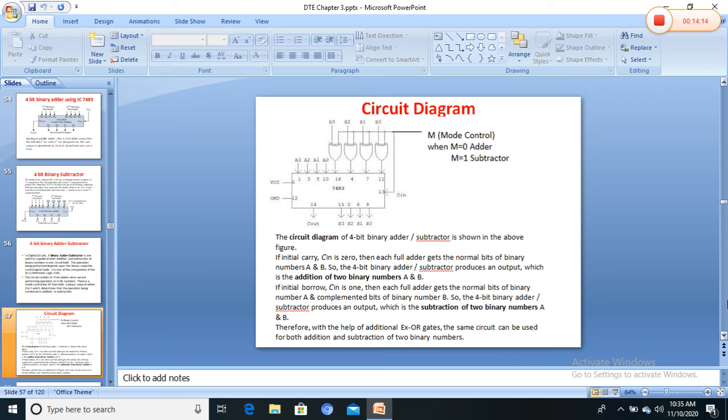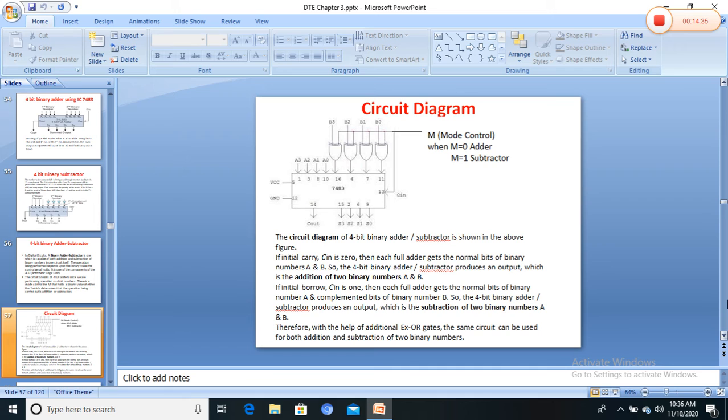So the inverted number B adds with C to give the 2's complement of B, and hence the adder will add A with the 2's complement of B, and the result will actually be A minus B, that is a subtraction.